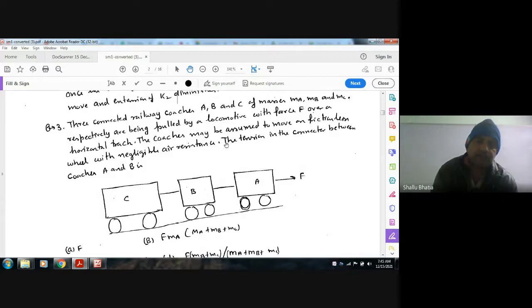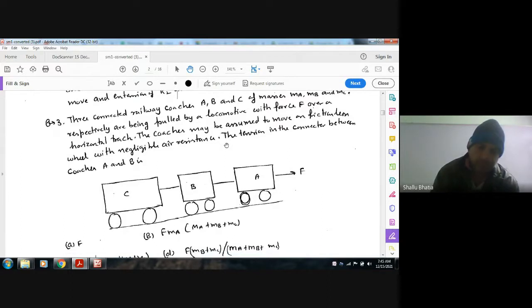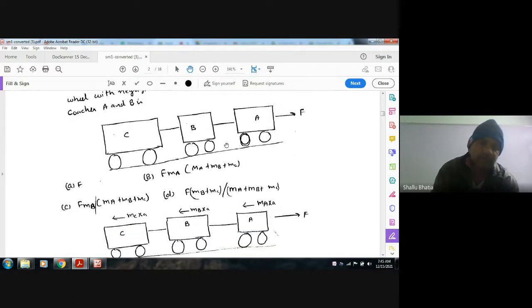The tension in the connector between coaches A and B is: option A, F; option B, F MA divided by MA plus MB plus MC; option C, F MB divided by MA plus MB plus MC; and option D, F times MB plus MC divided by MA plus MB plus MC.